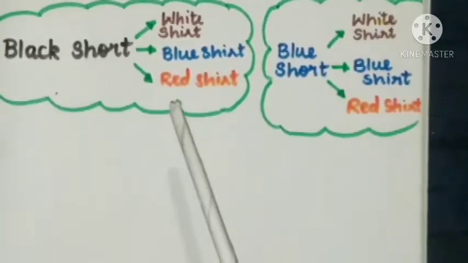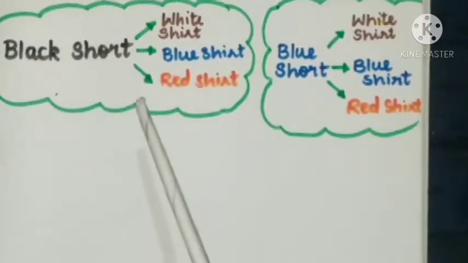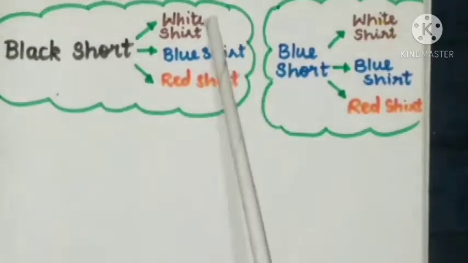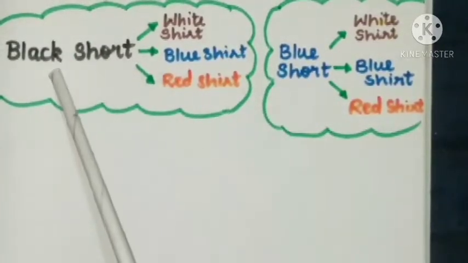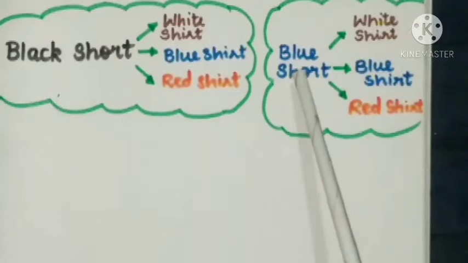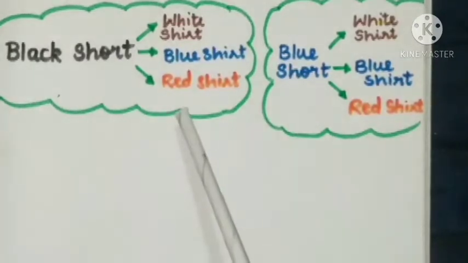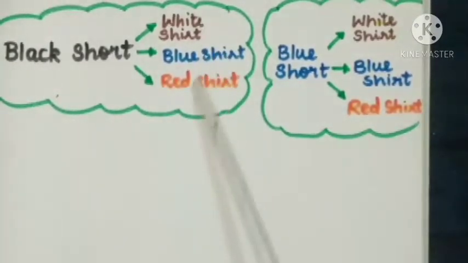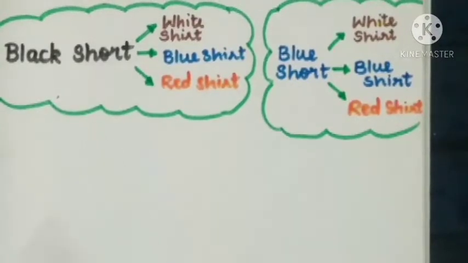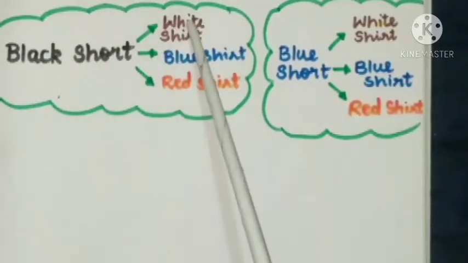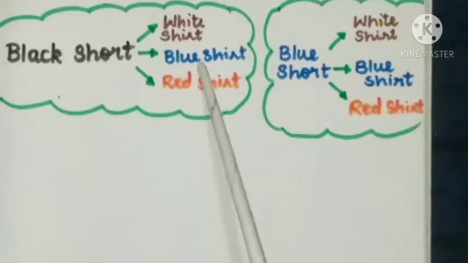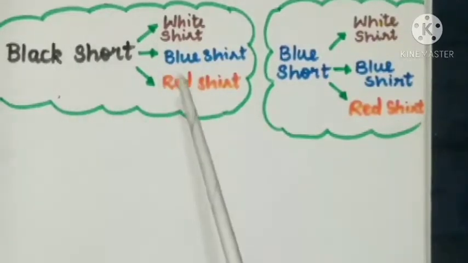See, here we have 2 shorts and 3 shirts. One is a black short and another one is a blue short. And the 3 shirt colors are white, blue, red. From that we are going to make combinations like black short with white shirt, black short with blue shirt, black short with red shirt.